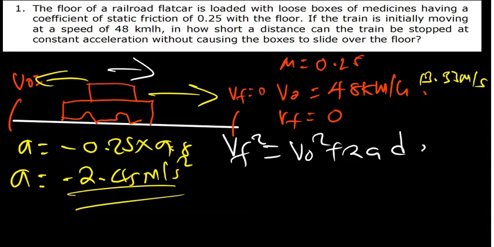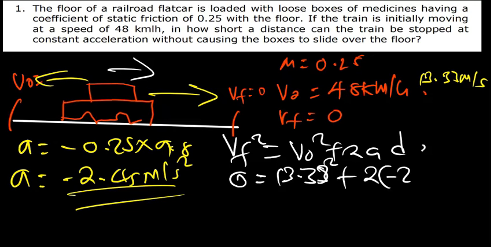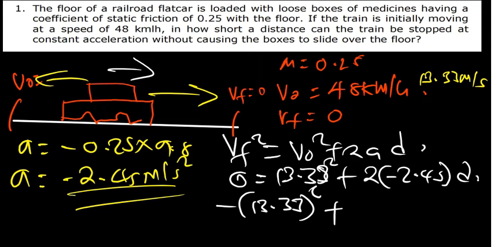Remember, the final velocity is 0, the initial is 13.33 squared, plus 2, acceleration is negative 2.45, times d. So we shift this to the other side, it's going to be negative 13.3 squared equal to 2 times negative 2.45 times d.